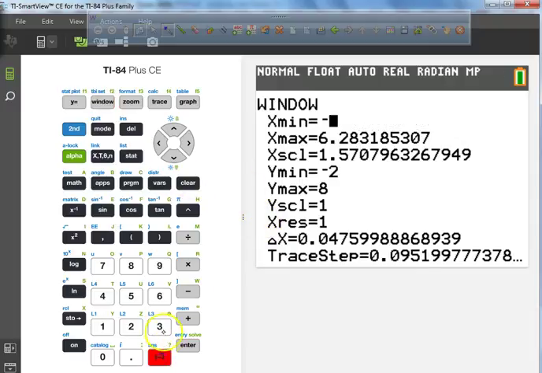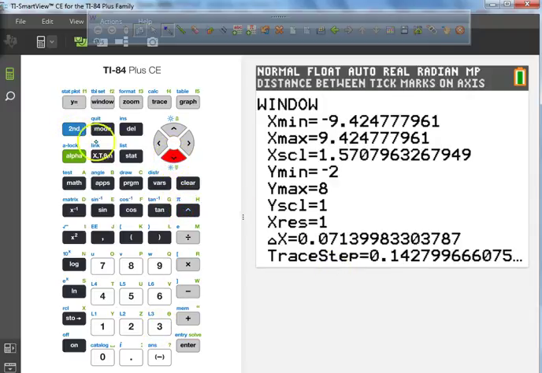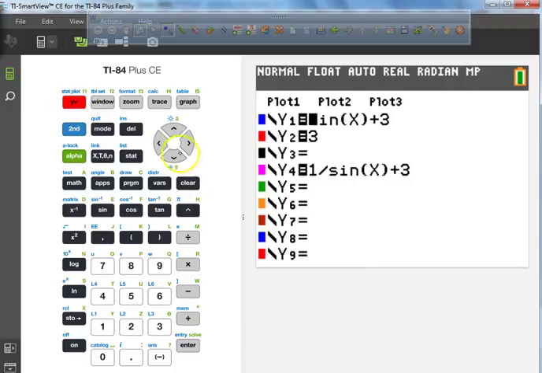Go to your window. We're going to go from negative 3 pi to positive 3 pi. You're going to make the x scale 3 pi divided by 4. The y minimum is at negative 4, and the y maximum is at positive 4. The first thing we're going to do is hit y equals and clear out all of our sine graphs and cosecant graphs.